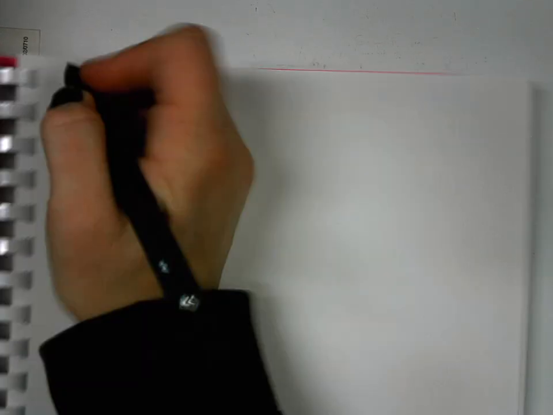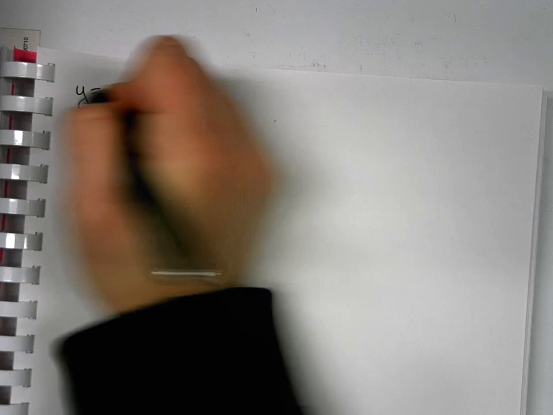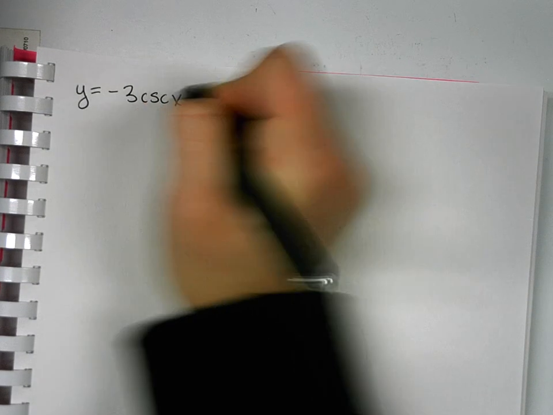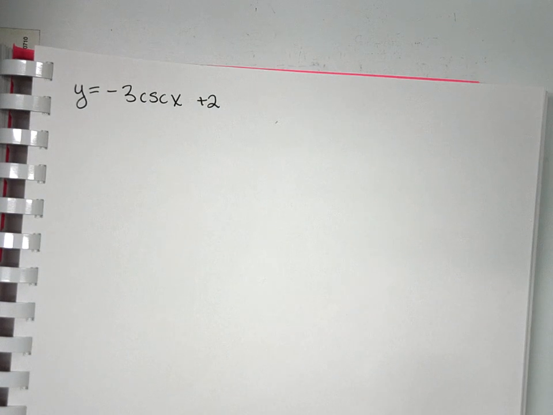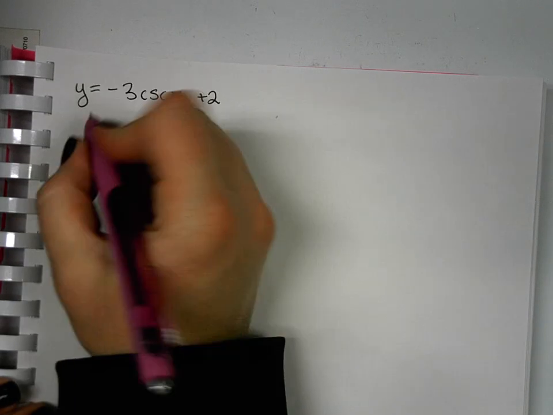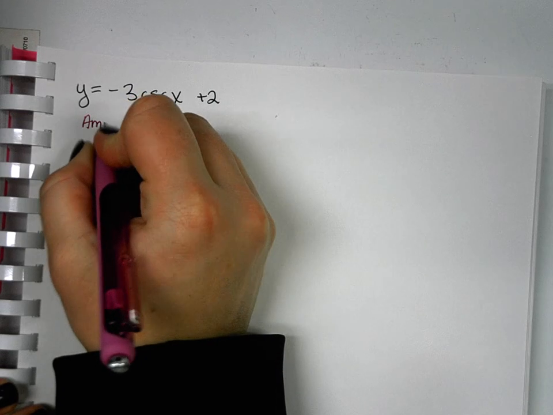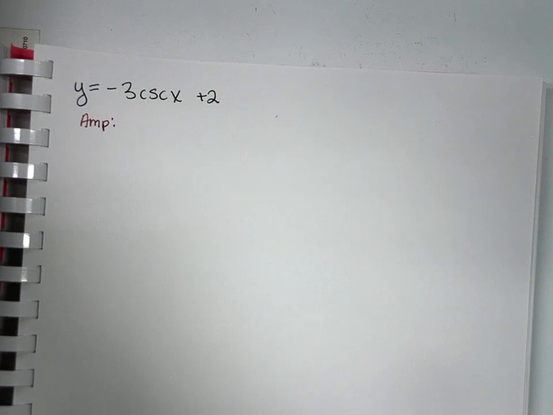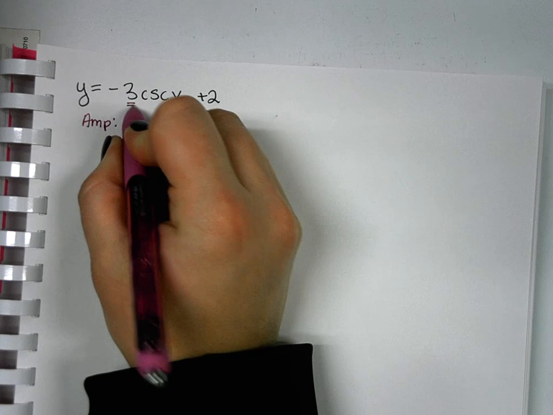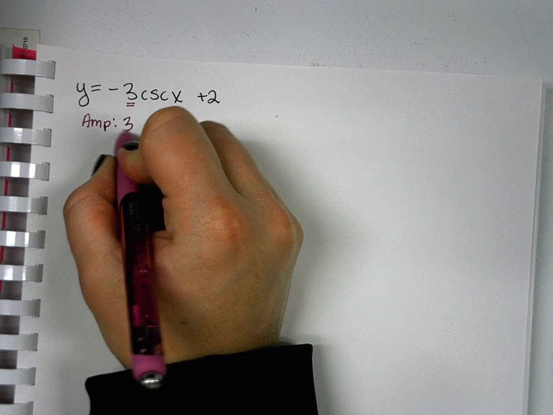So the one I want to do with you right now is -3 cosecant x plus 2. So just like in our other graphs, I'm going to start with amplitude. So our amplitude here, same thing as before, it's the number in front.